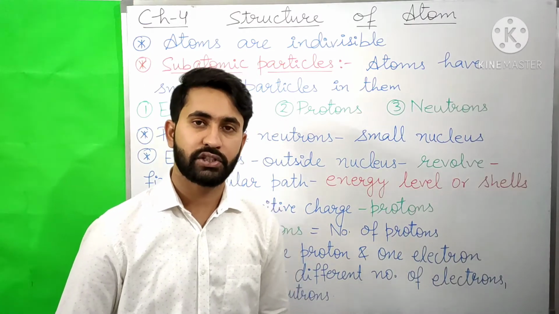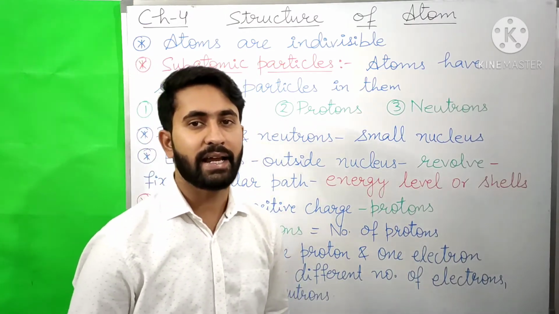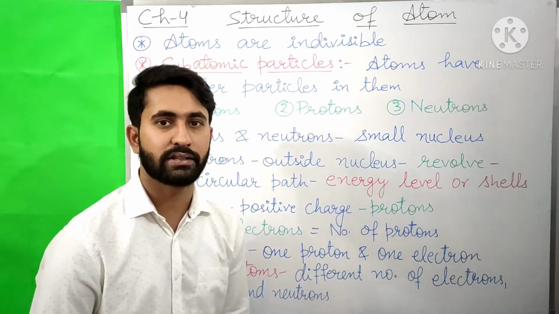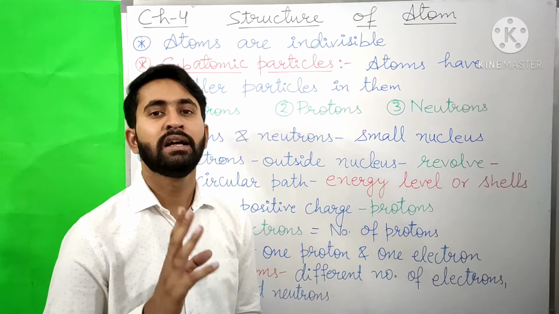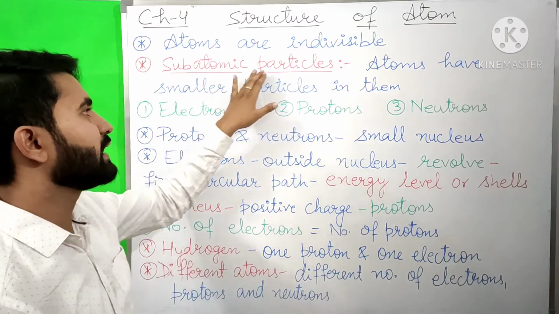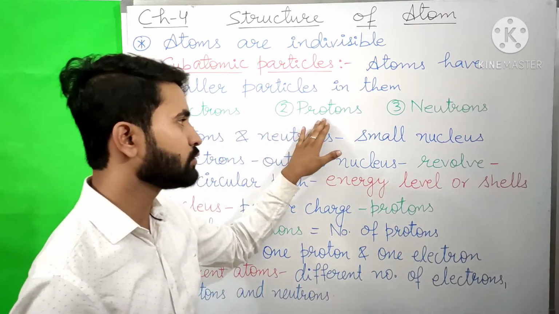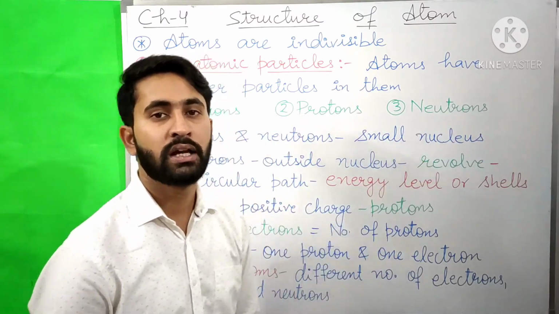In our previous chapter, we have read that atoms are made up of three types of subatomic particles: electrons, protons and neutrons.